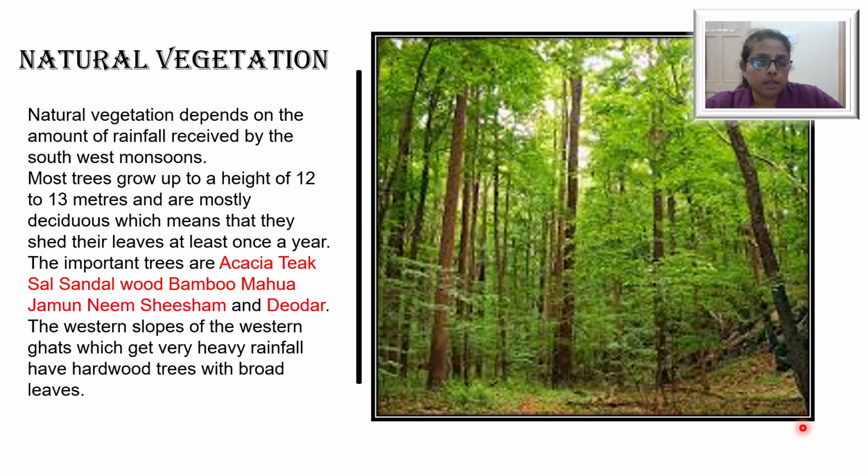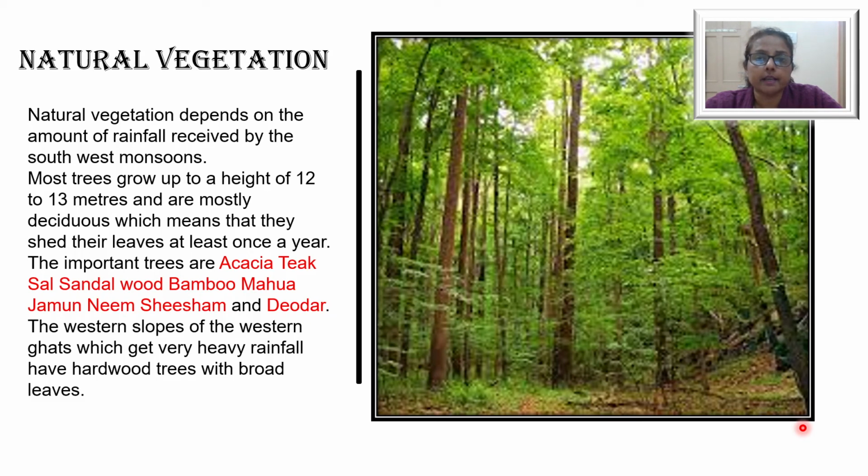Natural vegetation in the monsoon regions consists of deciduous and also some evergreen trees. Natural vegetation depends on the amount of rainfall received from the southwest monsoons. Most trees grow to a height of about 12 to 13 meters and are mostly deciduous, which means that they shed their leaves at least once a year.